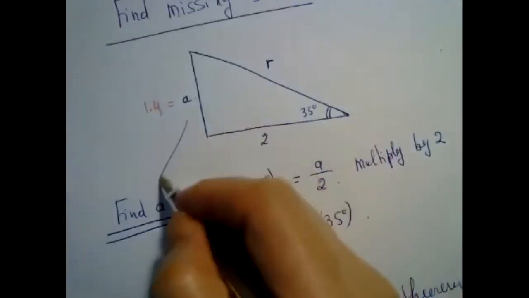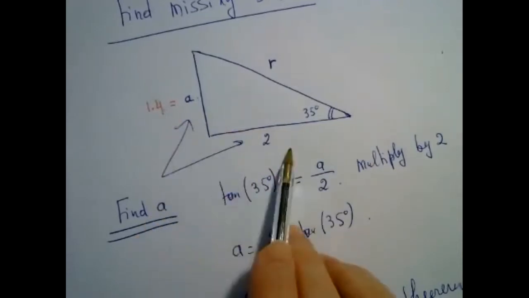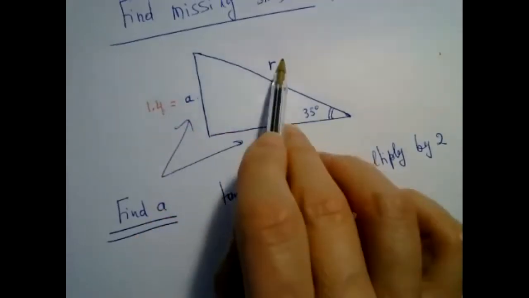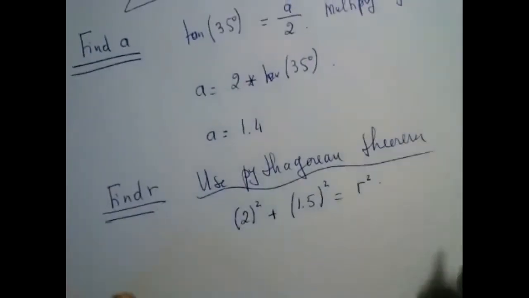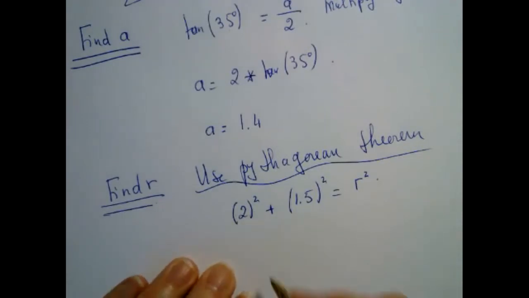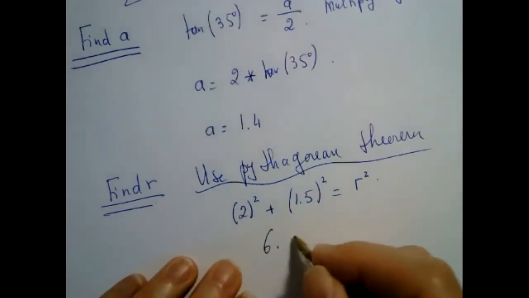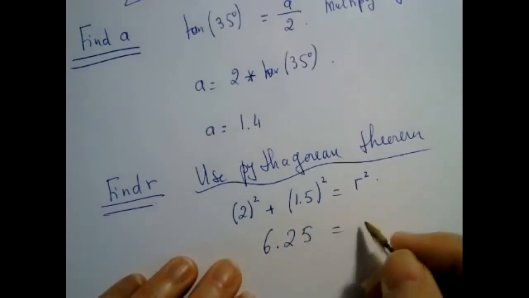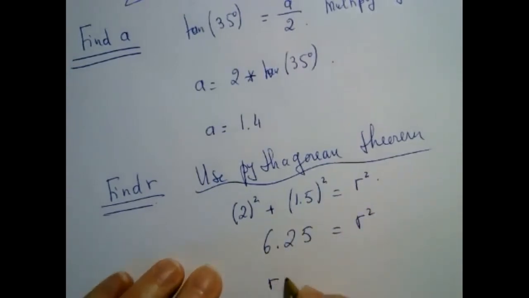These are the legs. The sum of the legs squared gives you the hypotenuse squared, and that's exactly what we did. Then he plugged the numbers into the calculator and got 4 plus 1.5 squared, which gave us 6.25 equal to R squared.